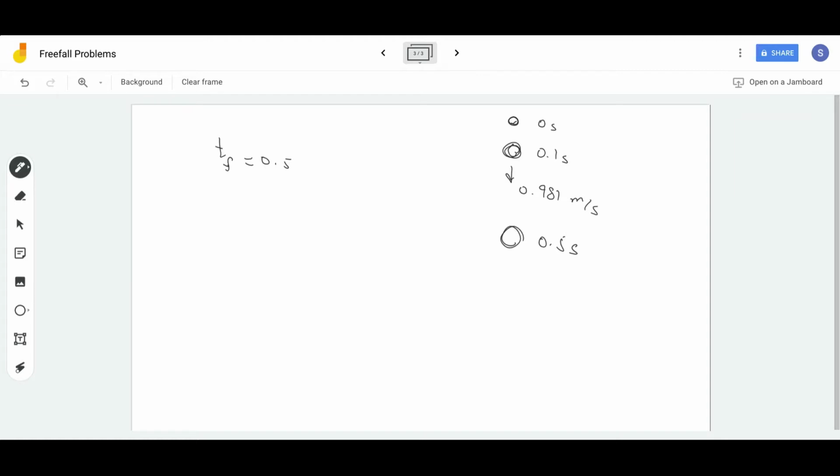My tf is 0.5, my ti is 0.1 second. My vi was, in this case, 0.981 meter per second, and my vf is something that I still need to find out. And a is going to be 9.81 meters per second square as before, acting positive, downwards.